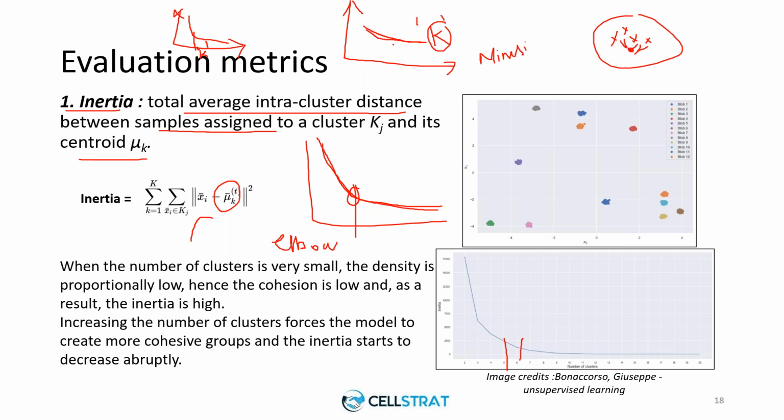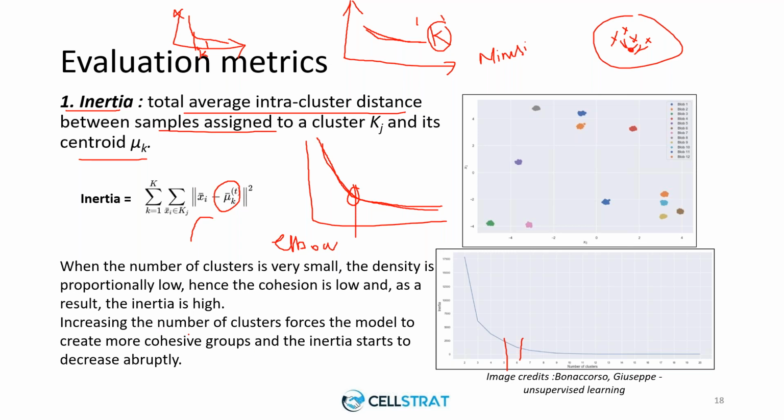Then it becomes very tricky, and you'll have to look at other evaluation parameters to decide the k value. So you can use this as a first evaluation to check whether the number of clusters is sufficient or not, but it might not work at all times.